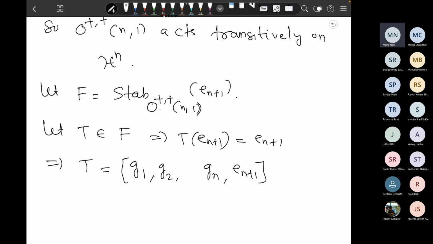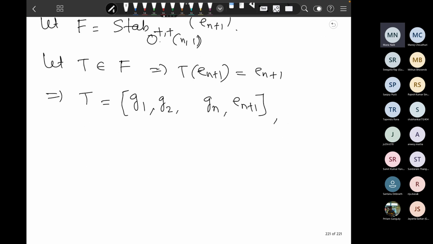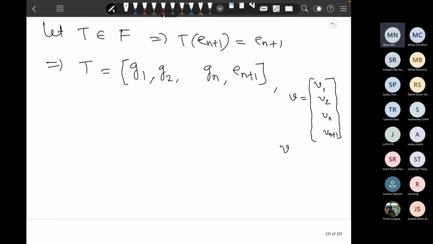Okay. So now we have used this notation: if v is equal to say (v1, v2, ..., vn+1), this notation I have used, vU is the upper part, up to the first n entries, v1, v2, ..., vn, and vL is equal to vn+1.